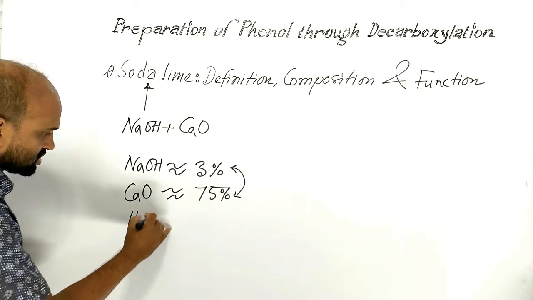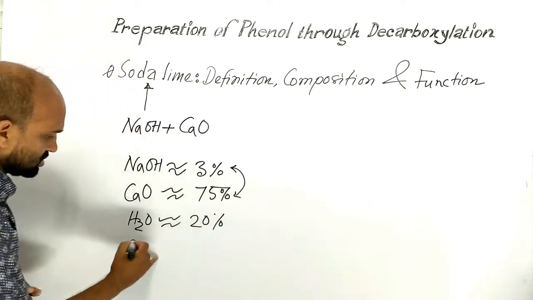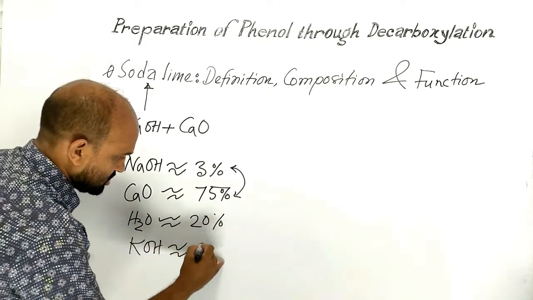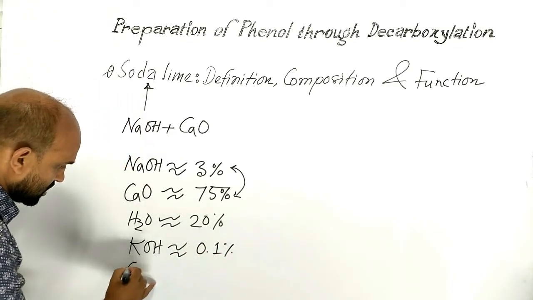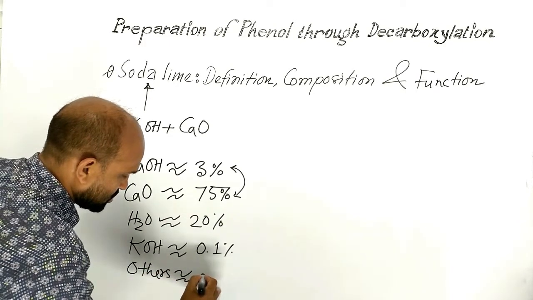Then water. This is around 20%. Caustic potash is around 0.1%. Other chemicals are around 2%.